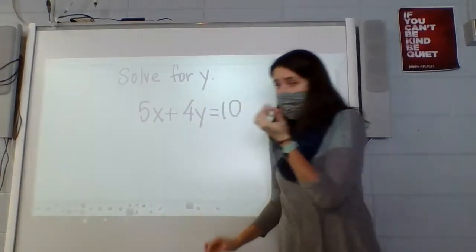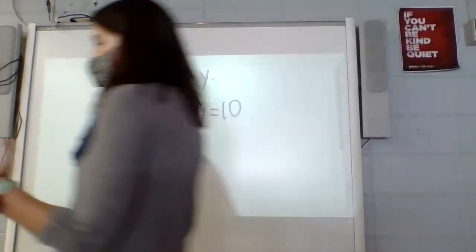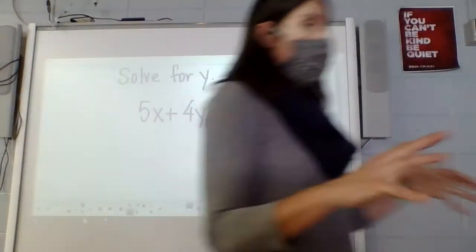All right, so solve for y. And again, you guys can simplify as much as possible. So there's a couple of different ways you can leave this one. So just so you guys know, this one won't work out to be nice whole numbers.